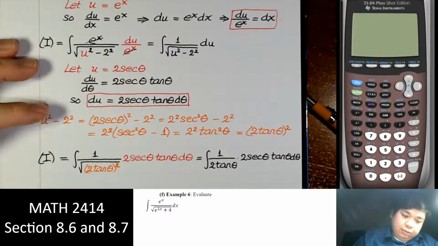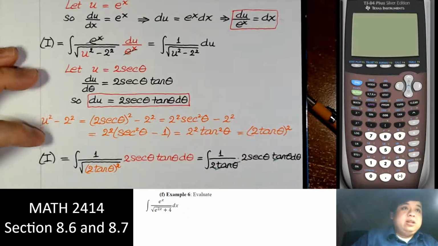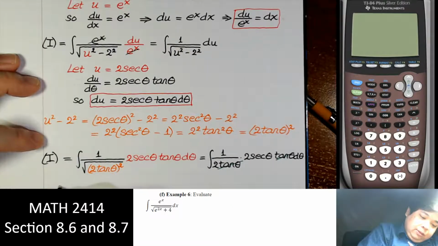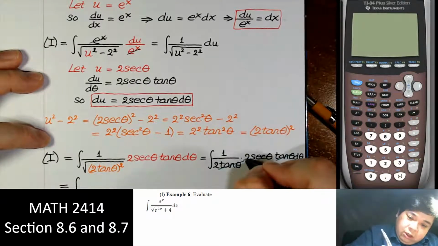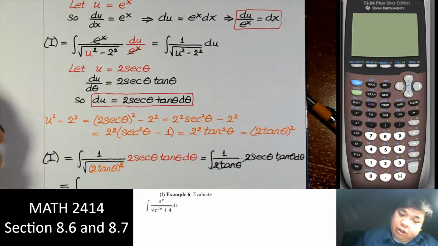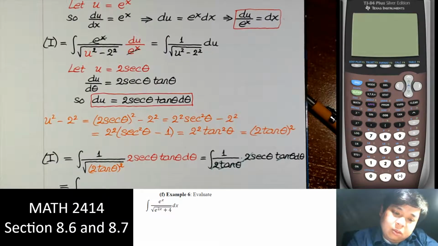Tangent cancels tangent. Actually the 2 cancels the 2 as well. So what's left is just secant.